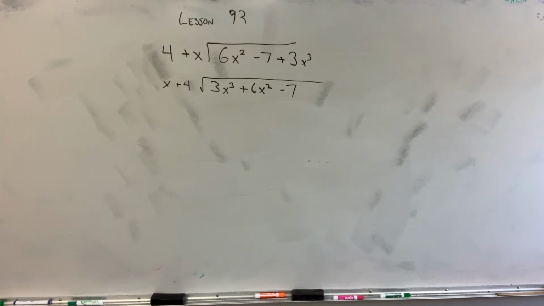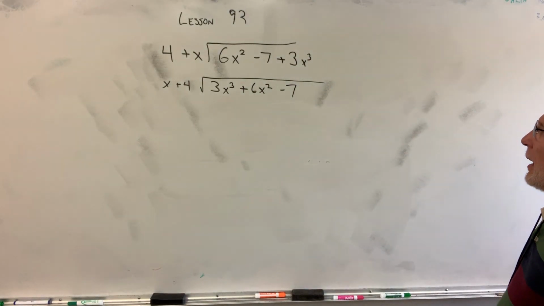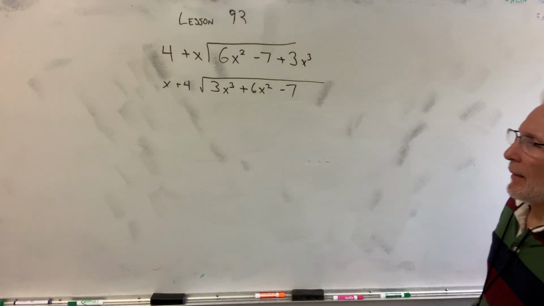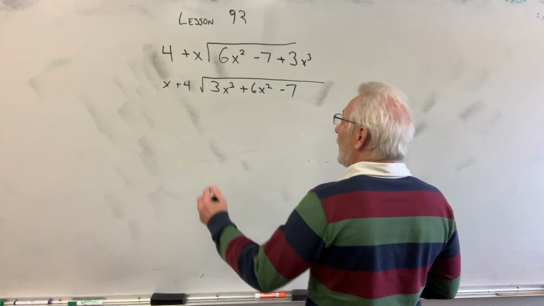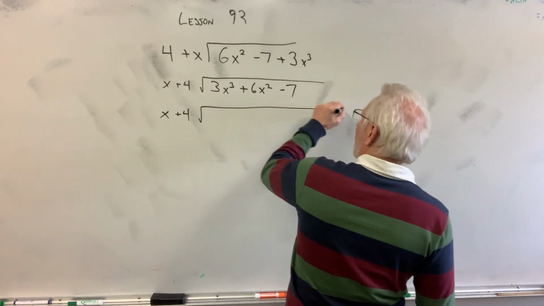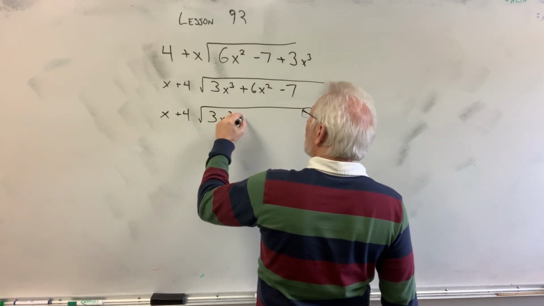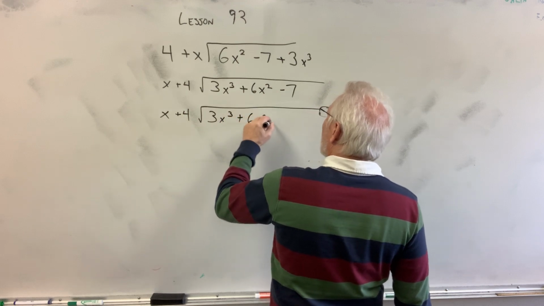I did the first part for you, but you can finish this thing up on your own right now. All right, the trick here was, I hope you remember to do this. X plus 4, 3x to the third plus 6x to the second.